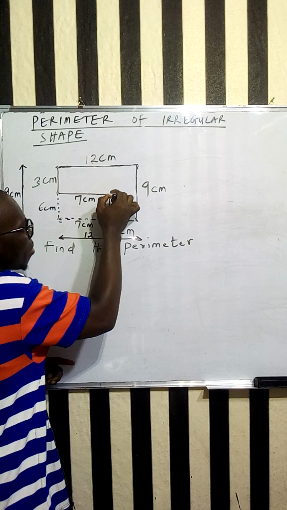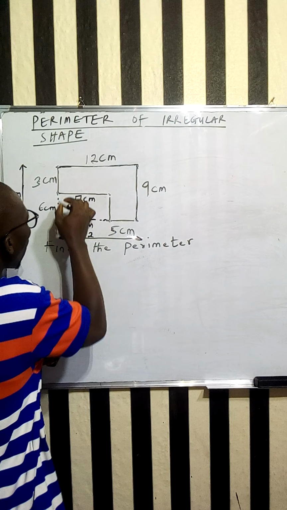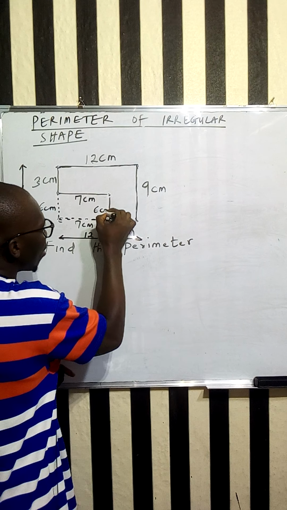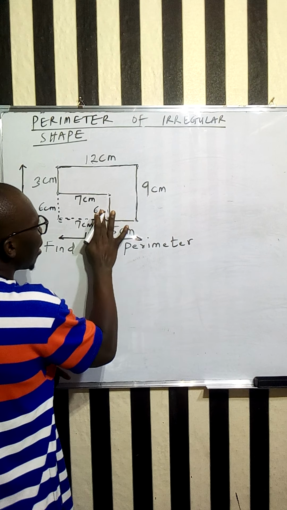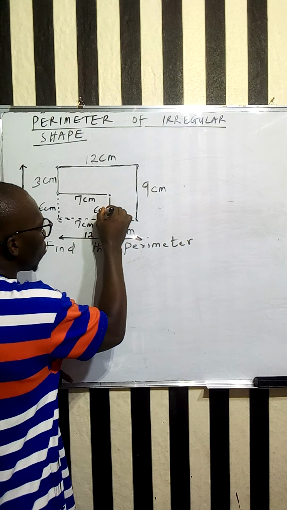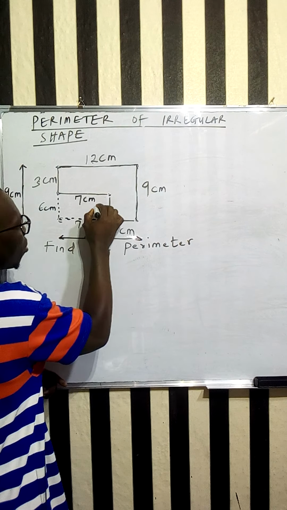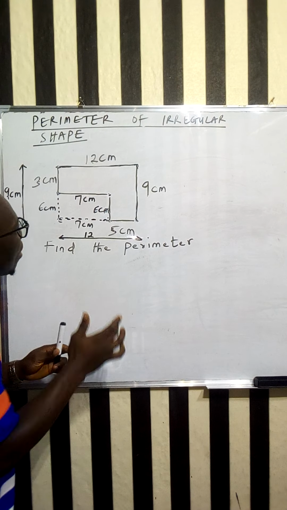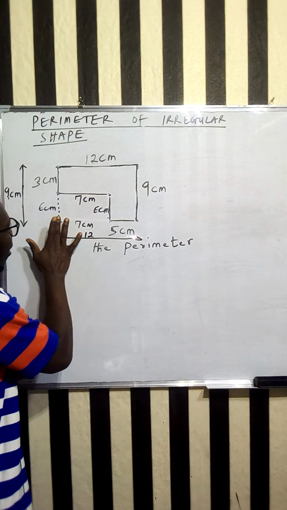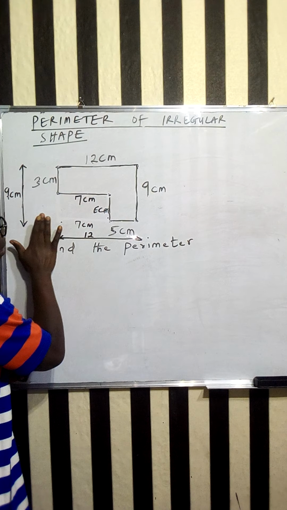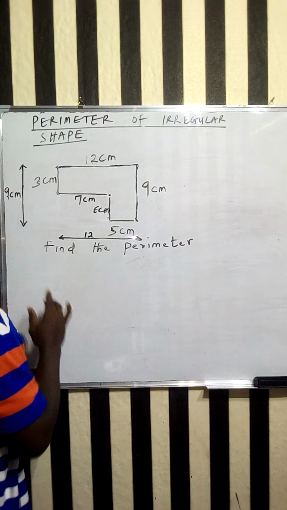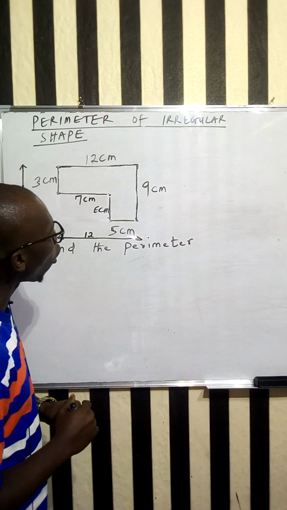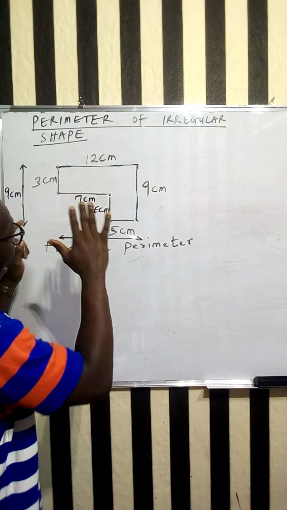Because of opposite sides, here will be 6 cm. If you like, you can clean all of them, so that it will be clear for you to add up all the lengths.